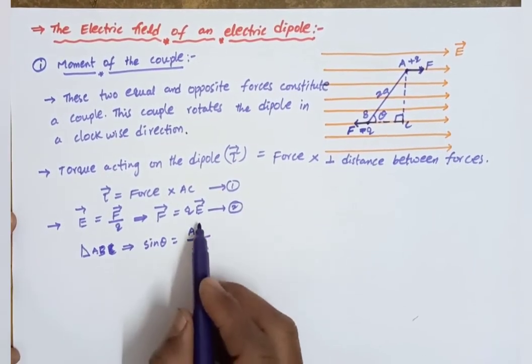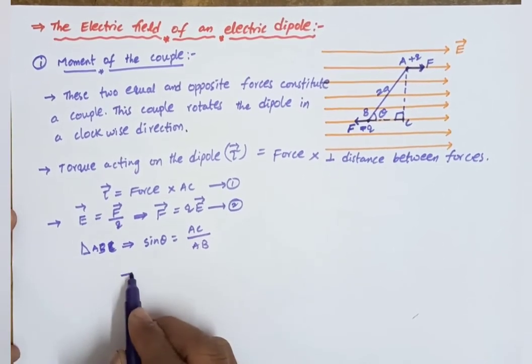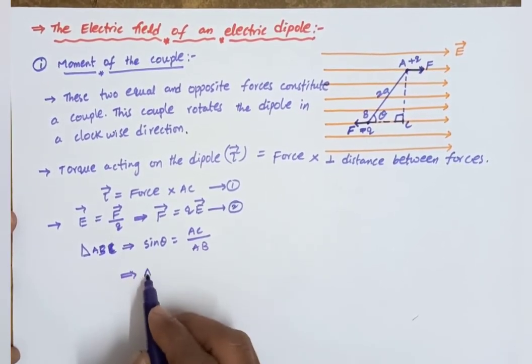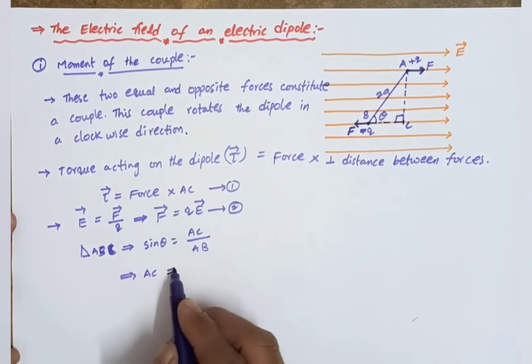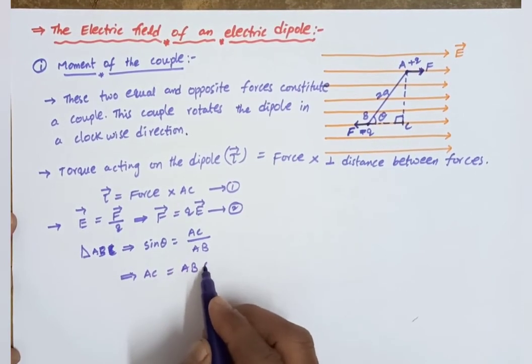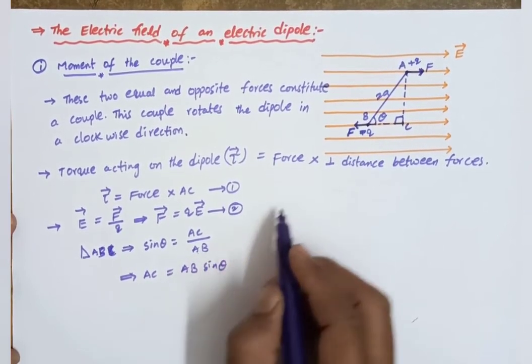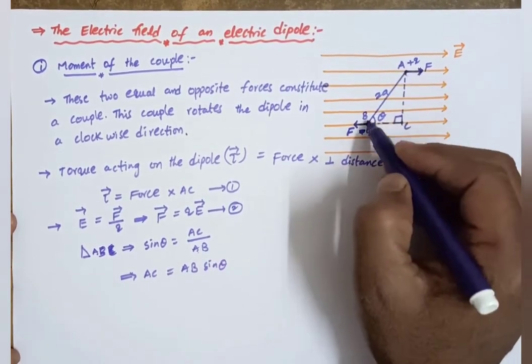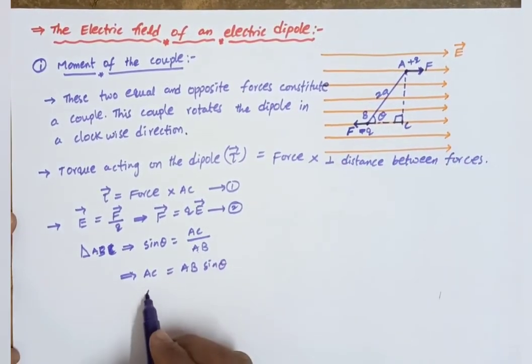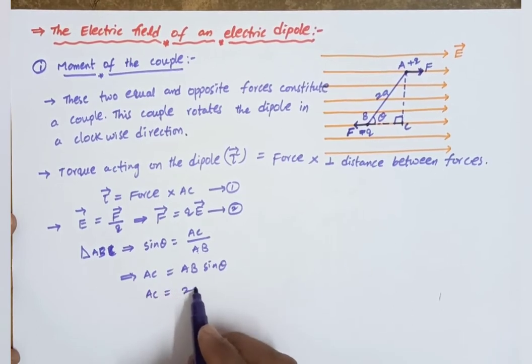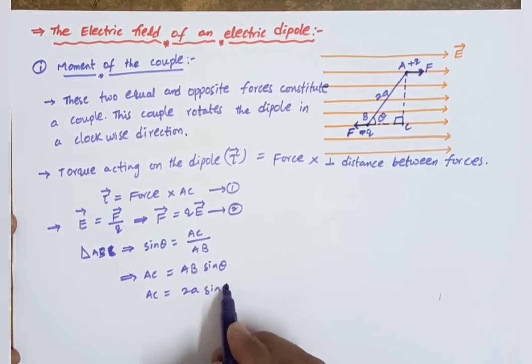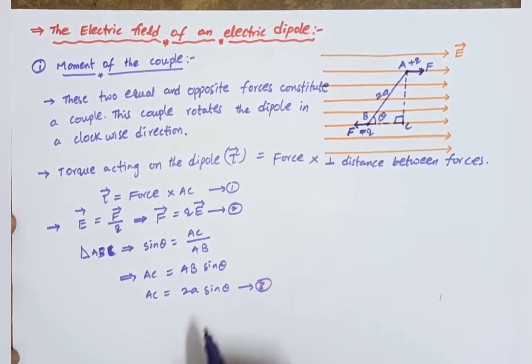So AC equals AB sin theta. What is AB? The distance between the two opposite charges. So then AC equals 2A sin theta. This is equation number 3.